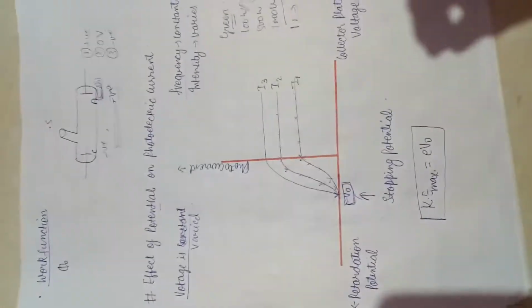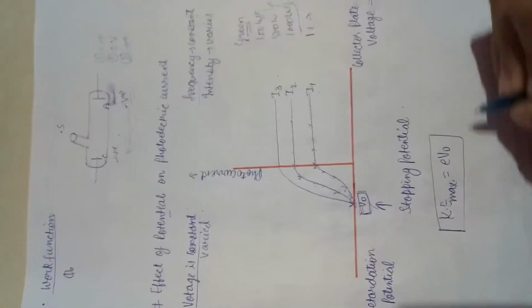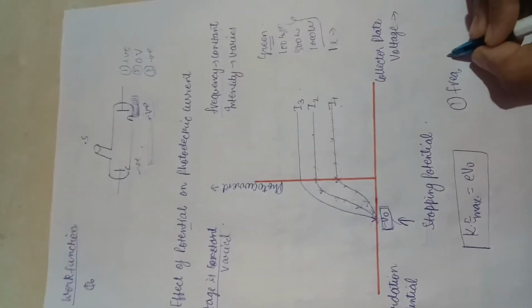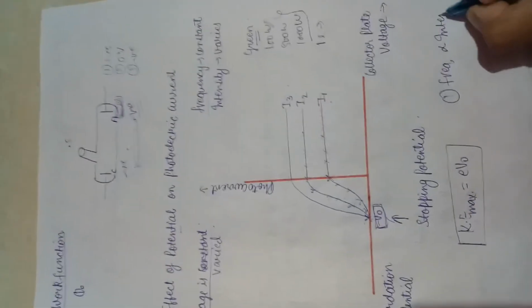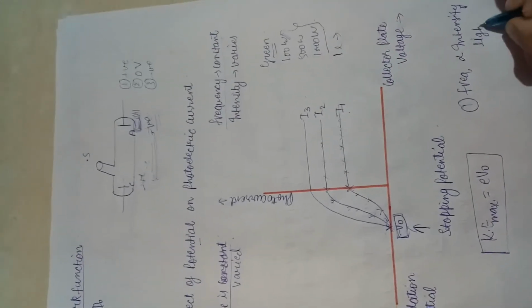And what do we get from this experiment? The first point is that we understood that intensity of light is directly proportional to the number of photons.